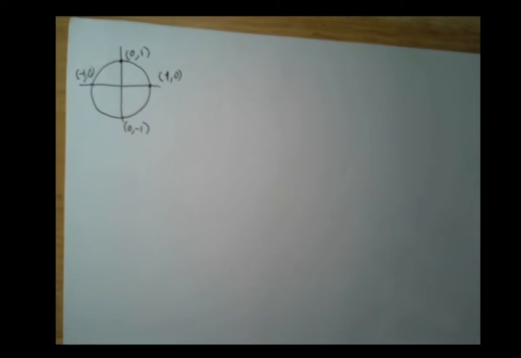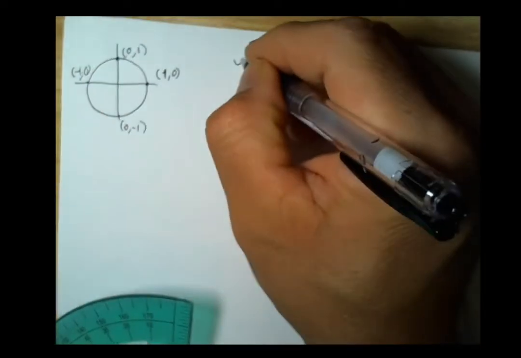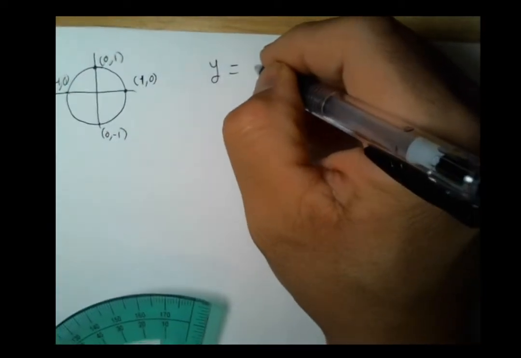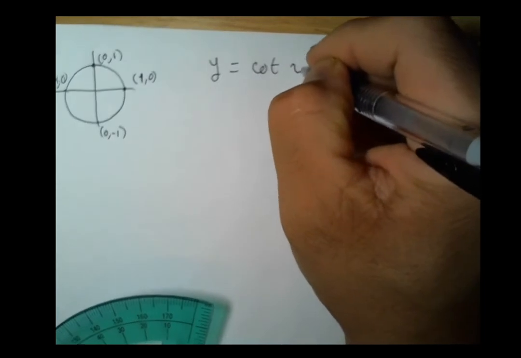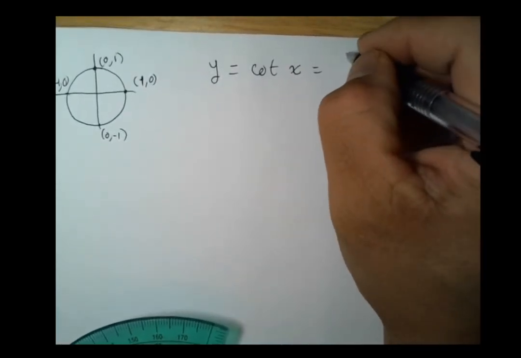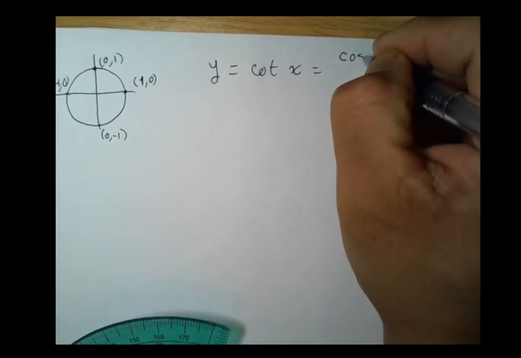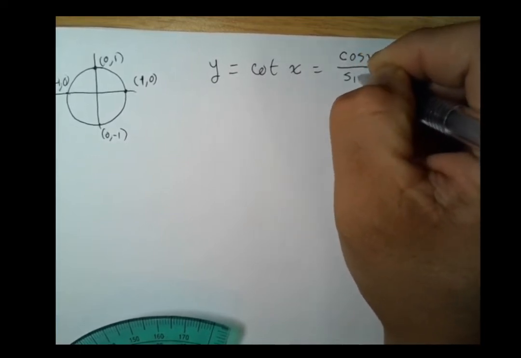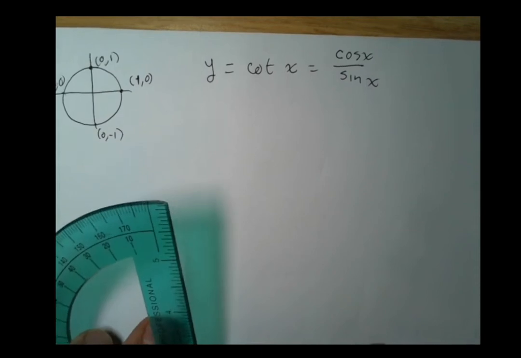Then we're going to graph y equals the cotangent of x. And again, using the reciprocal identities, this is cosine of x over sine of x.